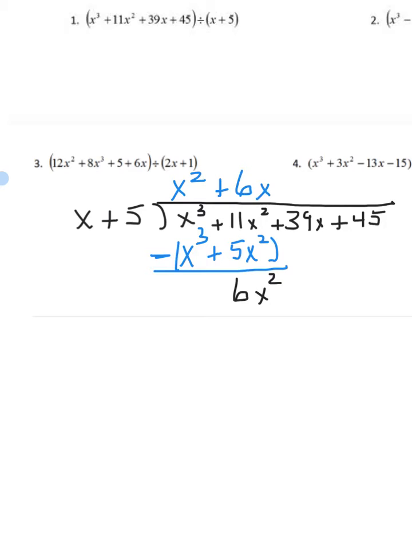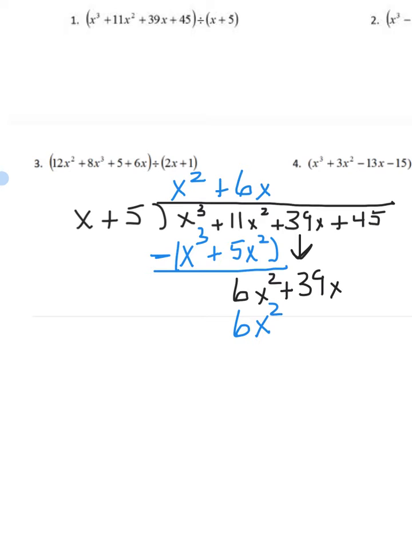So now I'm going to do my multiplication again. I'm also going to bring down my next term, which is my 39x. And then I'm going to multiply 6x times x, and that's going to give me 6x squared.